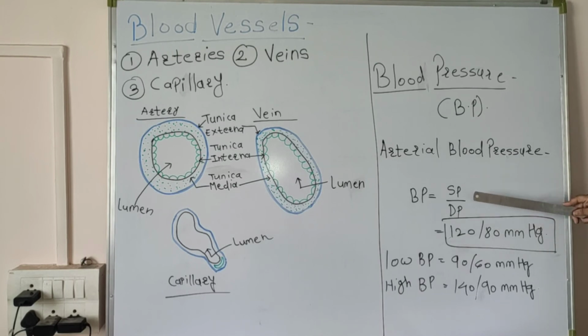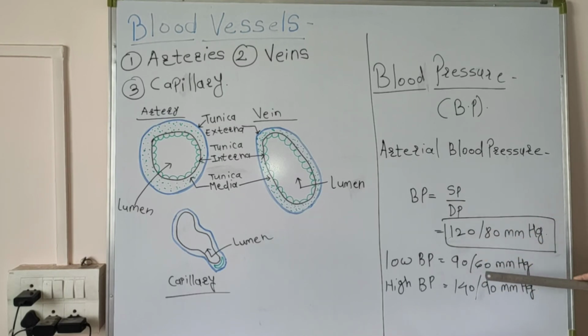The difference between the systolic pressure and diastolic pressure is called pulse pressure, and it is normally 40 mmHg. If the BP is lower than normal, that is below 120 per 80 mmHg, it is a low BP.